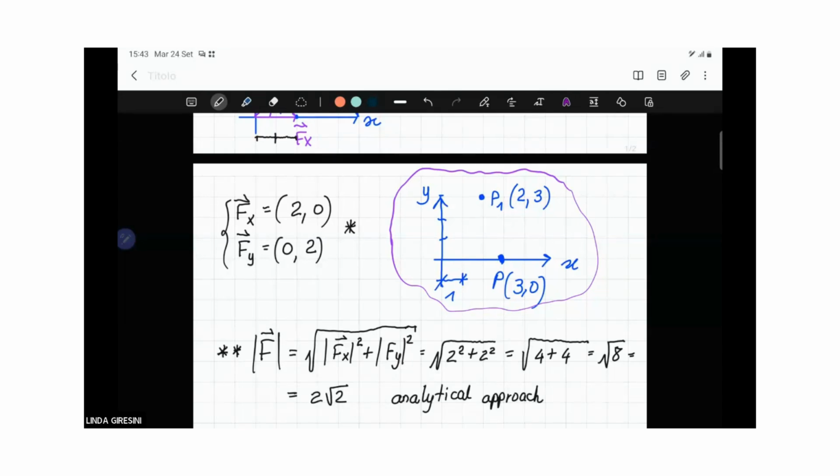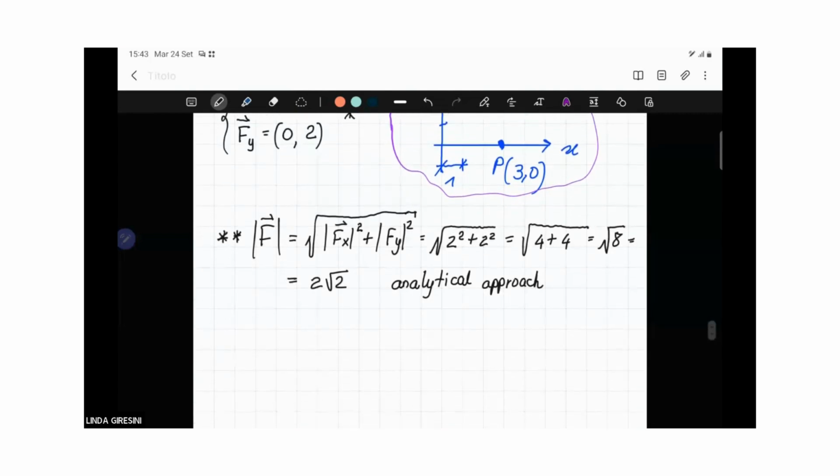Analytical because you apply the formula, which is the square root of the squares of the components, okay? But you can also, interestingly, use other approaches giving the same result, which is the geometrical approach.